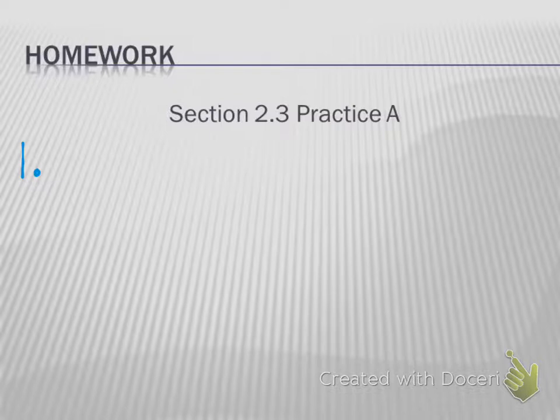Is that true or false? False. What could you change in order to make this true? Our complementary angles should add to what? 90. Good. So I'm going to change the 180 to a 90.